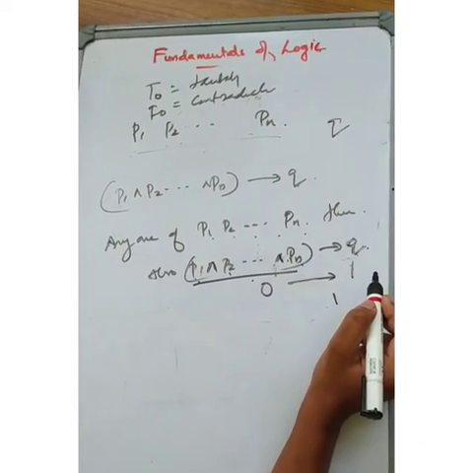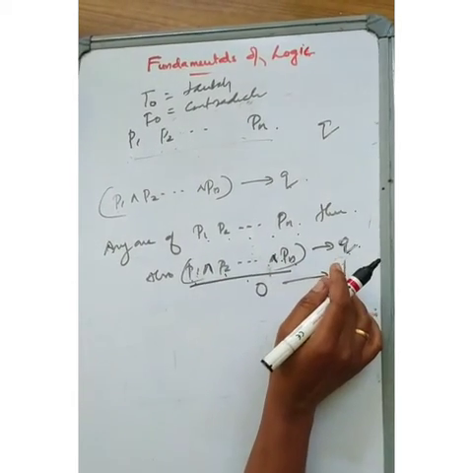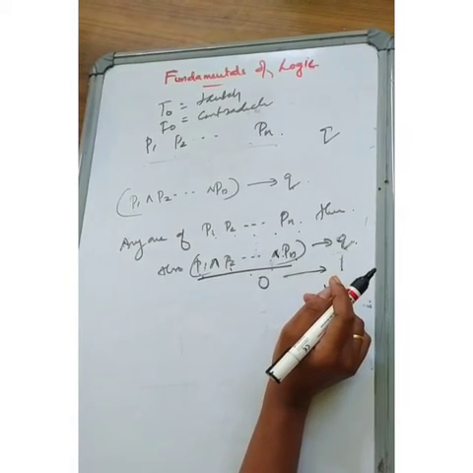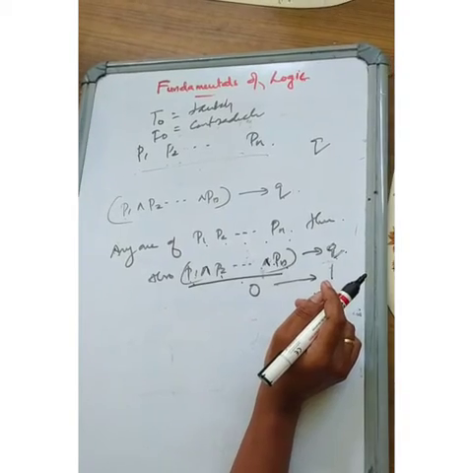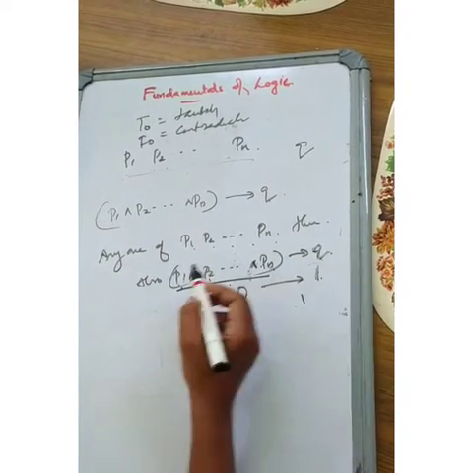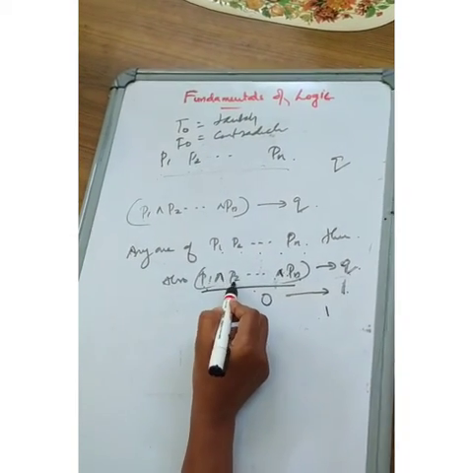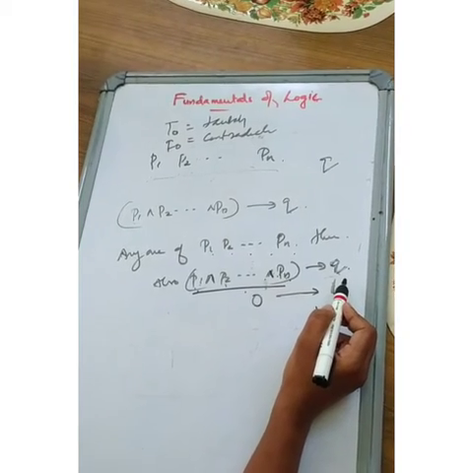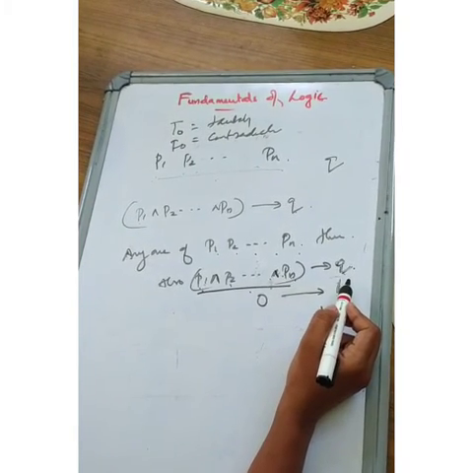Consequently, if we start with the premises P1, P2, etc., Pn each with truth value 1, and find that under these circumstances Q also has the value 1, then the implication P1 and P2 and so on Pn implies Q is a tautology, and we have a valid argument.